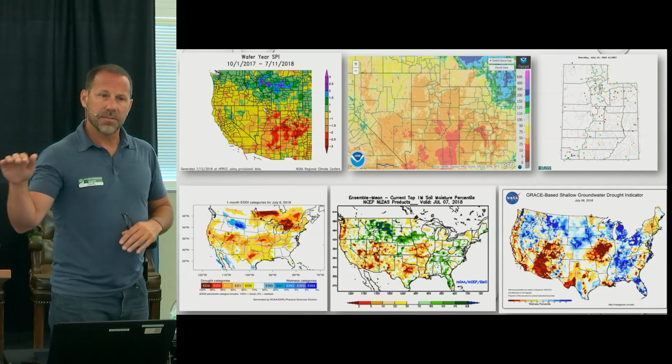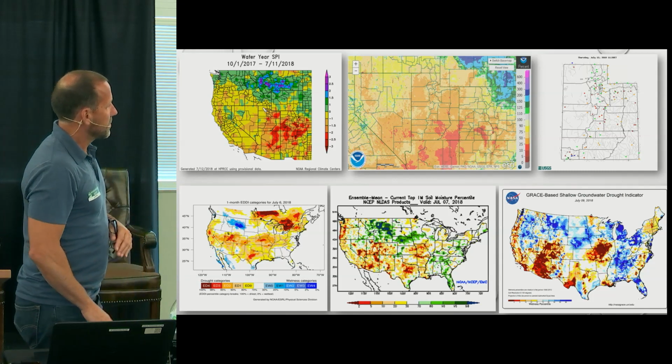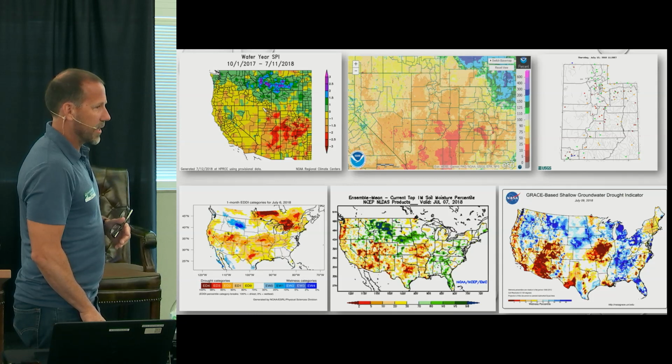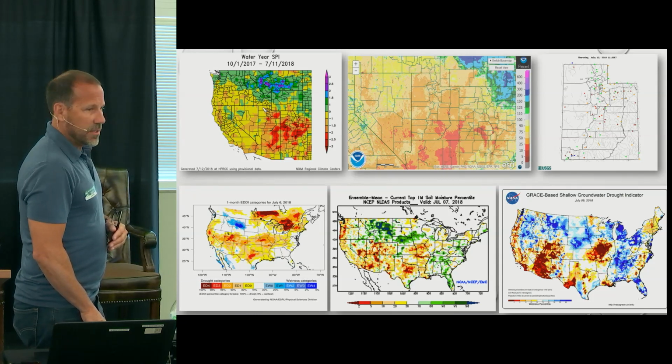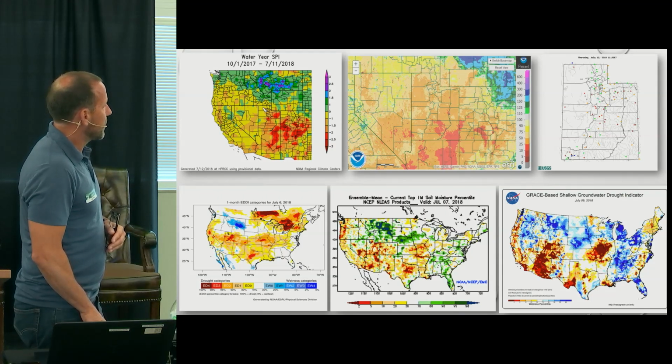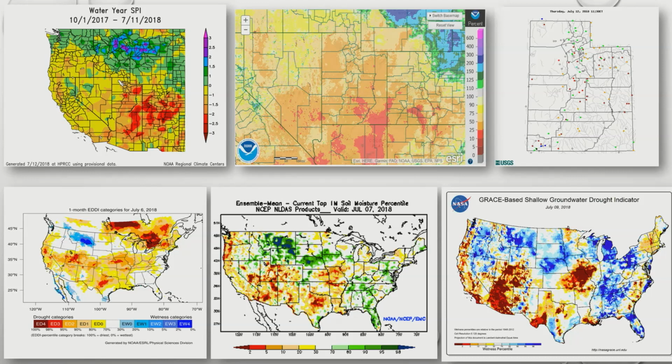So it makes it easy for us to look at different parameters and to have a uniform system in which we can look at the percentile rankings. These are just examples of a couple different parameters that we use, which I'll go into some more.